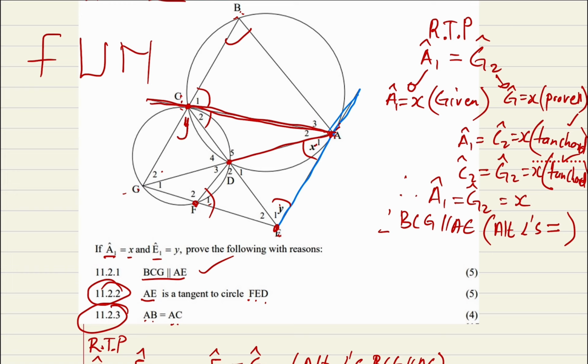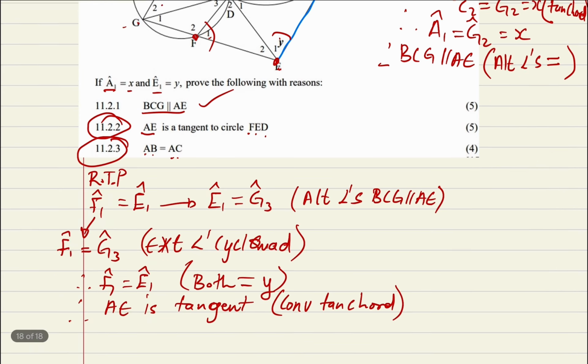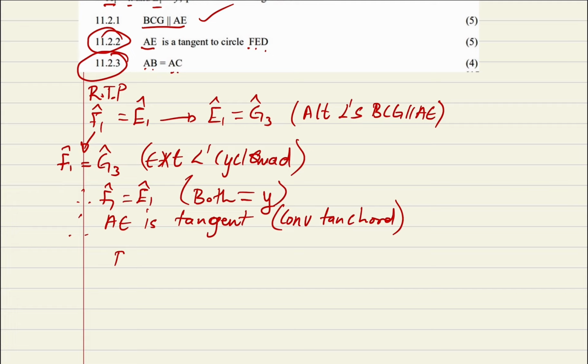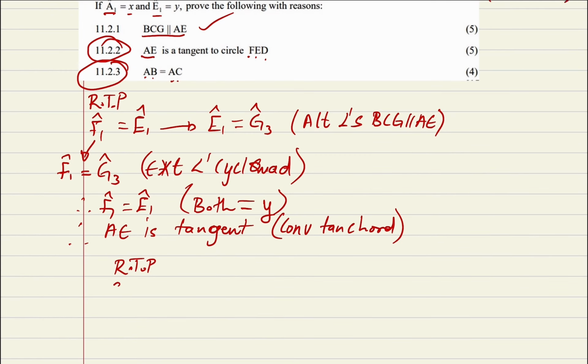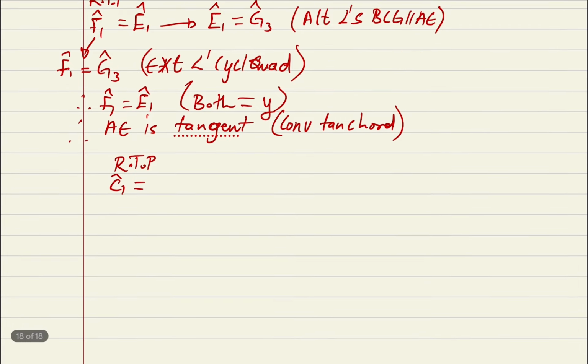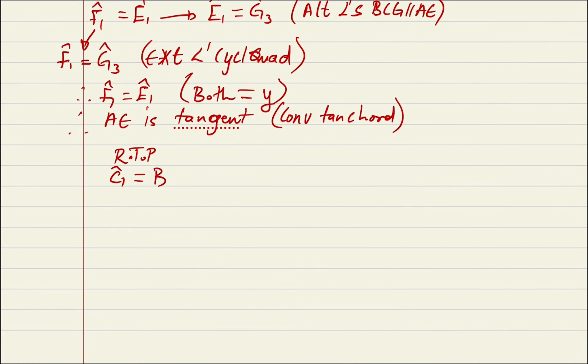I know that this is Y and this is X. So my required to prove now is that angle C1 is equal to angle B. But you know that C1 is equal to 180 minus (X plus Y).